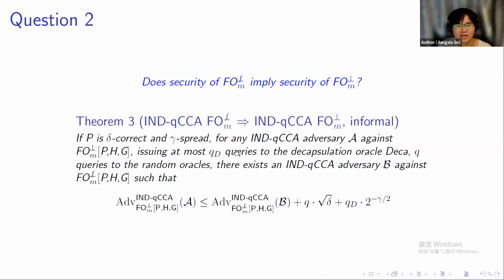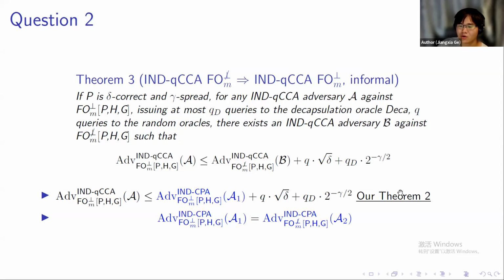For the second question, we use our core theorem, Theorem 2, to prove the following theorem, Theorem 3, which shows that if the underlying PKE scheme P is correct and gamma-spread, then in the QROM, the IND-QCCA security of FO-cancel-bot implies the IND-QCCA security of FO-bot. The proof of this theorem is also very simple.